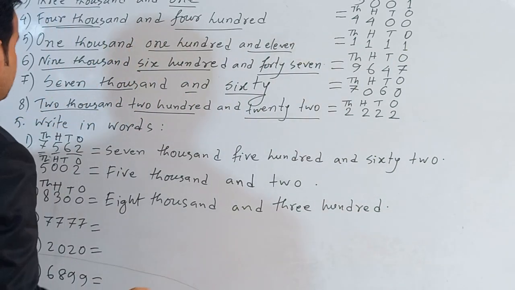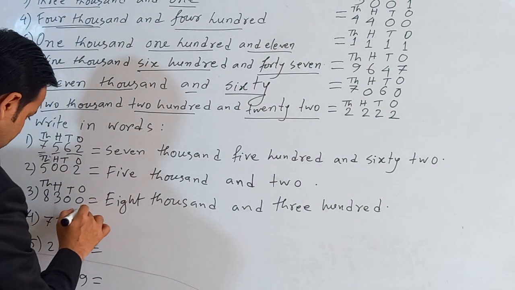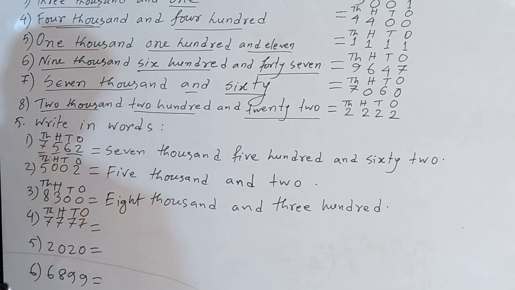Okay, dear students, now we are going to question 4. So indicate the position of the digits: ones, tens, hundreds, thousands. Here start reading from 1000, 7,700. Here 7 is in tens and 7 is in ones. It means 77. So we can read this as 7,777.